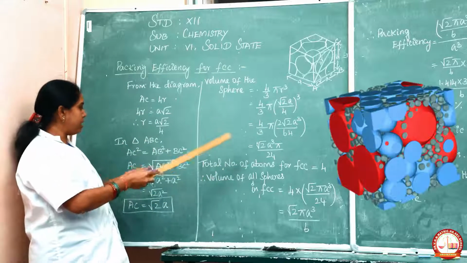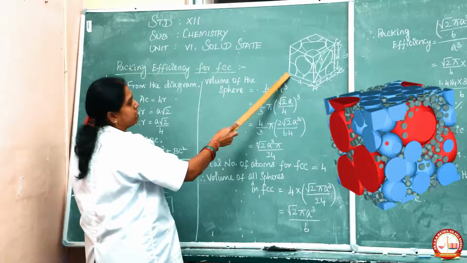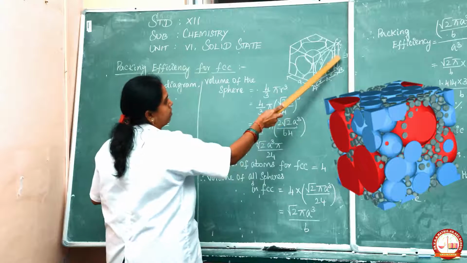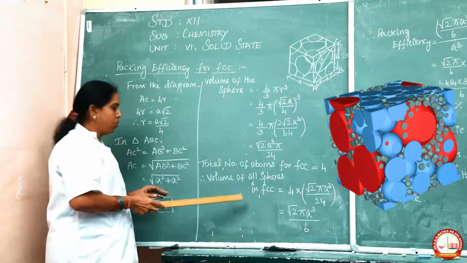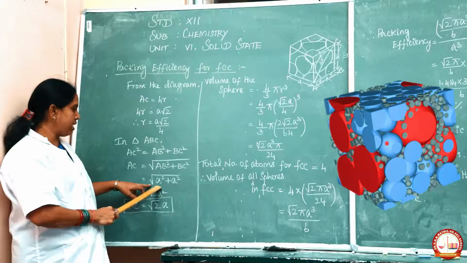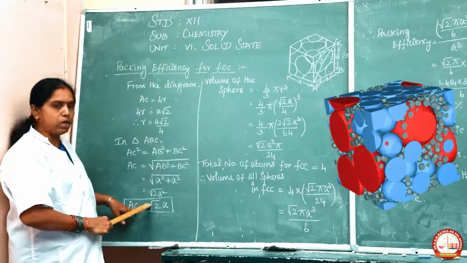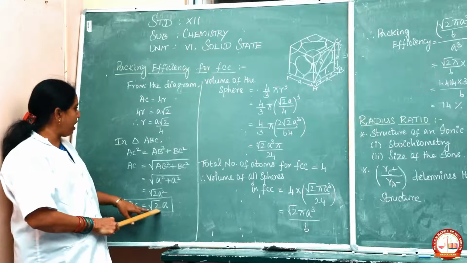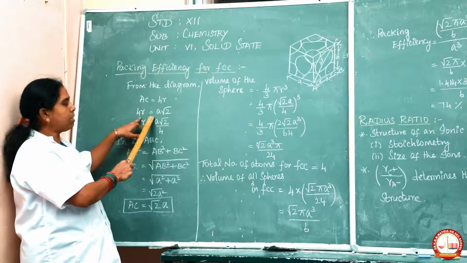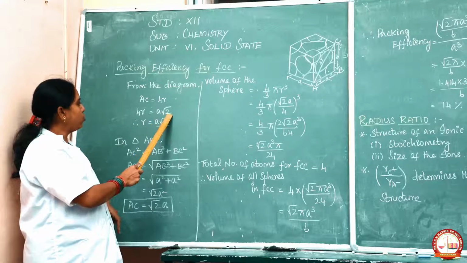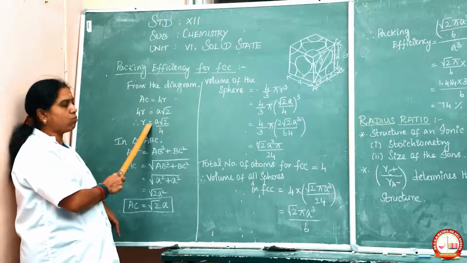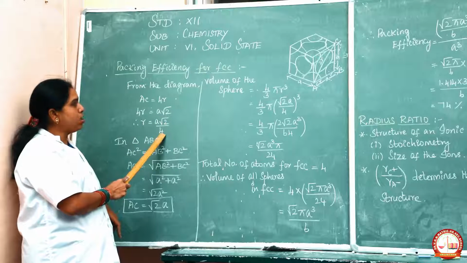So we can consider AB as a, and even BC as a. Substituting those values, we get the AC value as root 2 a. Now substituting this AC value, 4r is equated to a root 2. From this we find the radius r is equal to a root 2 by 4.